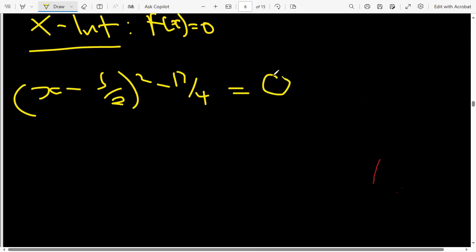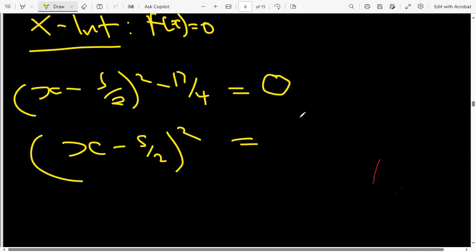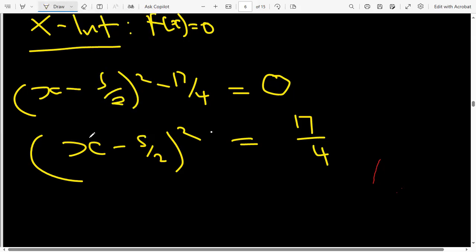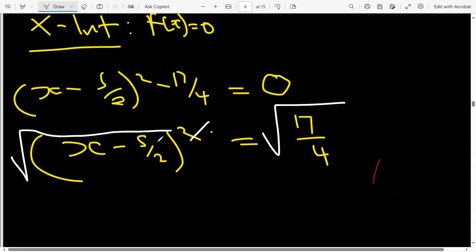This is a good example for the one who asked, what about if it's not a perfect square? So x minus 5 over 2 squared is equal to 17 over 4. From here we take the square root of both sides, so the 2 and the square cancel.